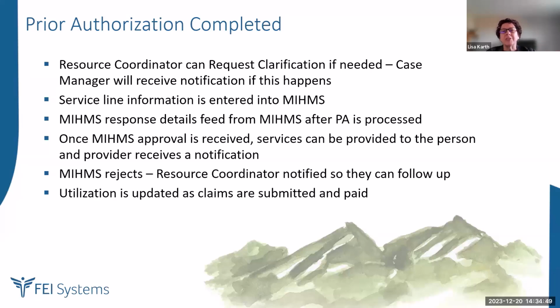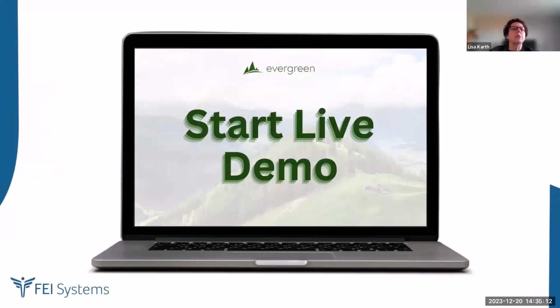For you all, after your decision is input, the service line information is entered into MIMS. This happens and it gets fed to MIMS each night. And then there's a feedback from MIMS with the response that goes into the prior authorization. So let's take a look at this in the system.